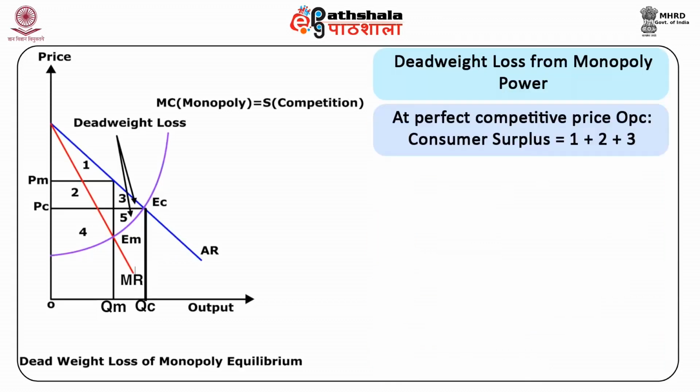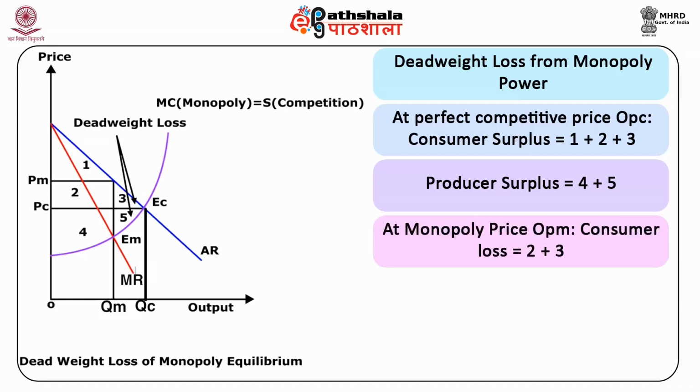At perfectly competitive price OPC, consumer surplus is equal to 1 plus 2 plus 3 and producer surplus is equal to 4 plus 5. At monopoly price OPM, consumers' loss is equal to 2 plus 3 and producer gain is equal to 2 minus 5.